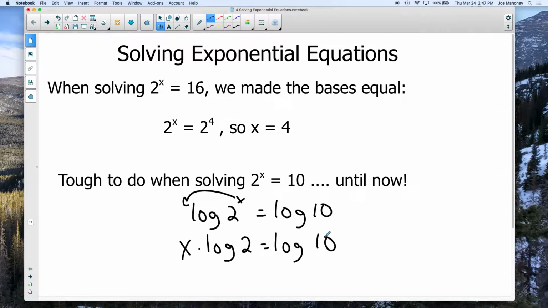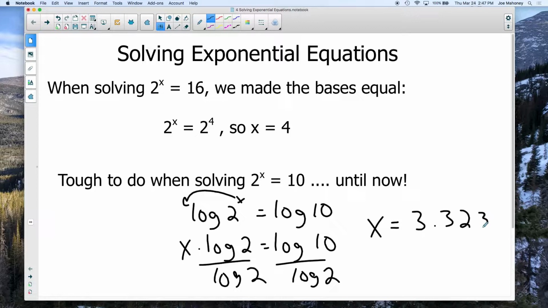Because now log 2 is a number, so it's a number times x equals another number. If we divide both sides by log 2, we'll get our answer for x, and if I go to my calculator, I'm going to get about 3.3231 and a whole bunch of other numbers. So let's call it, to 3 sig figs, 3.32.